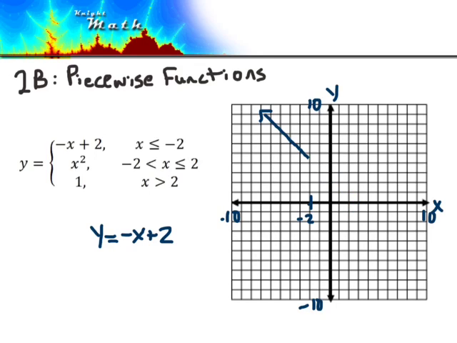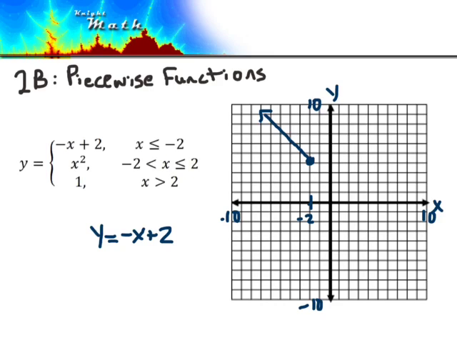Now notice that negative 2 is included because of our "or equals." So at that point, negative 2, we have the point with y equal to 4, because when you plug in negative 2 here, negative 2 plus 2 is 4. The y value is 4. That's what we have right here. All right, so we got that one.